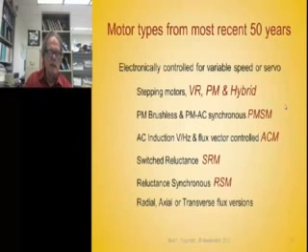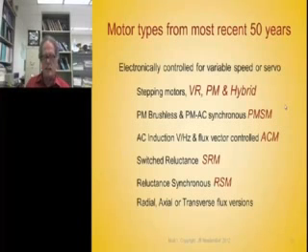A popular motor that came out of the AC synchronous family is called a stepping motor. There's VR, variable reluctance motors, stepping motors, permanent magnet stepping motors, and hybrid stepping motors. Then there's the PM brushless motors, evolved out of one of those DC motors that we saw in the last slide.